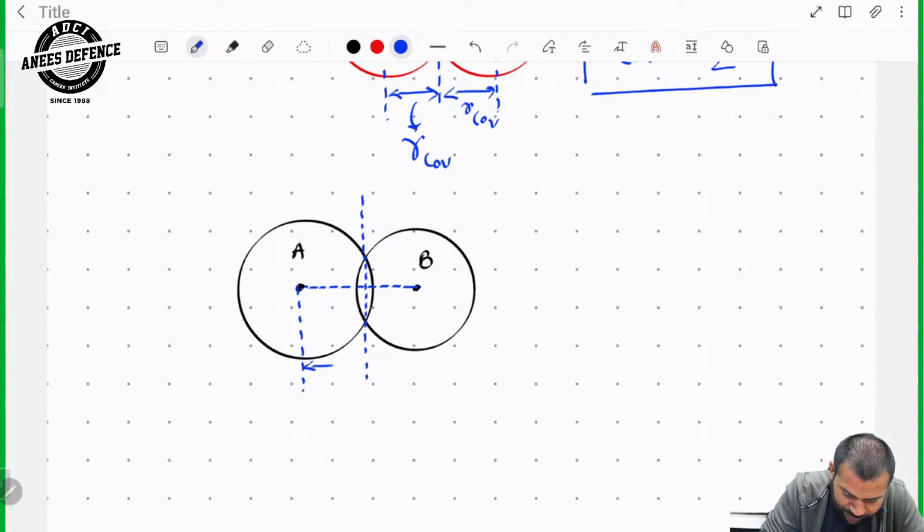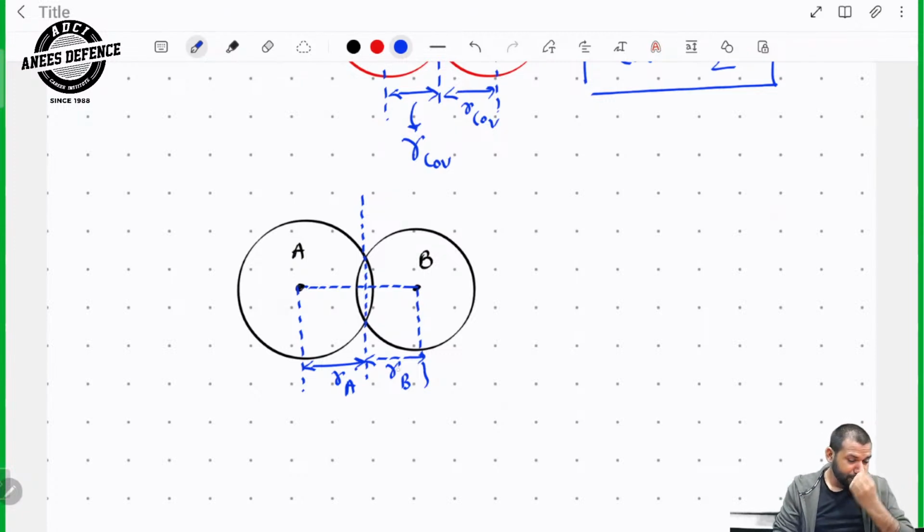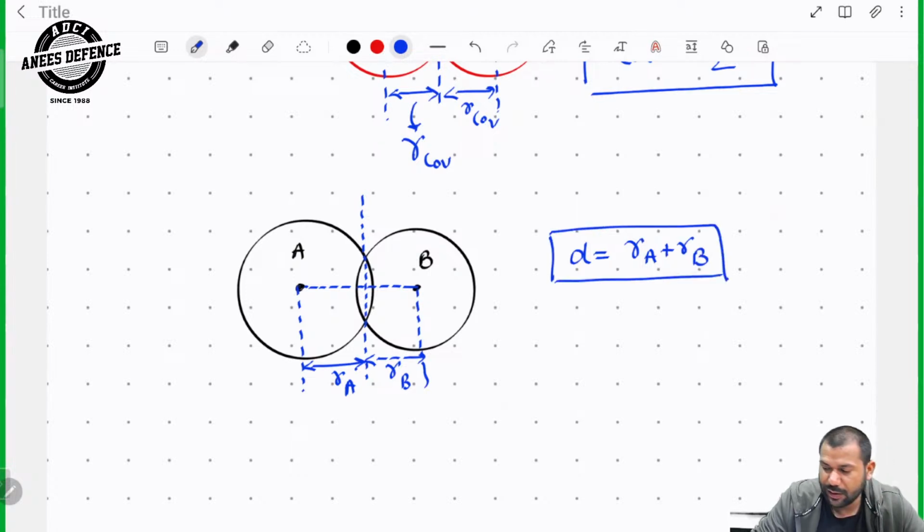This will be the covalent radius for atom A, Ra, and this will be the covalent radius of atom B. Understood? And the total distance in this case will be Ra plus Rb.